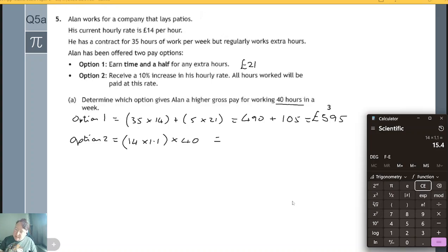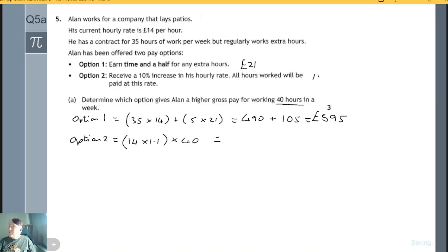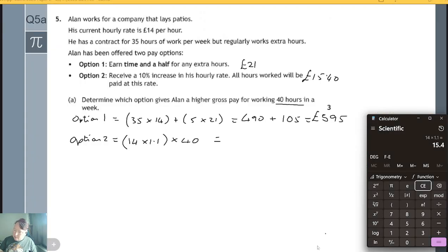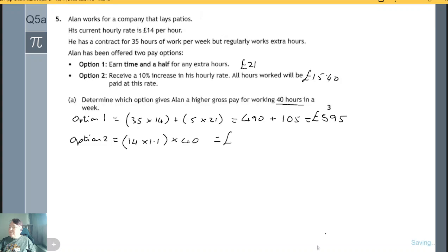And then we're going to times that. So the new rate of pay is £15.40 an hour. I'm going to write that up here just for the sake of having it. And we're going to times that by our 40. So £616. So option two pays more. There we go. So he gets a higher gross pay.